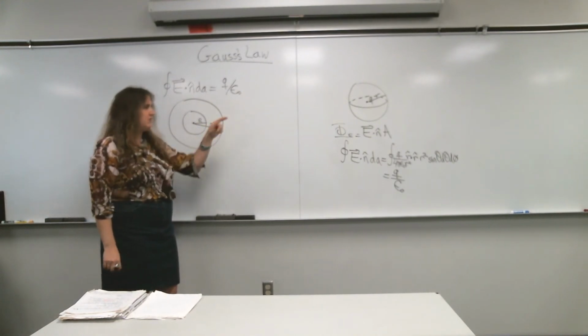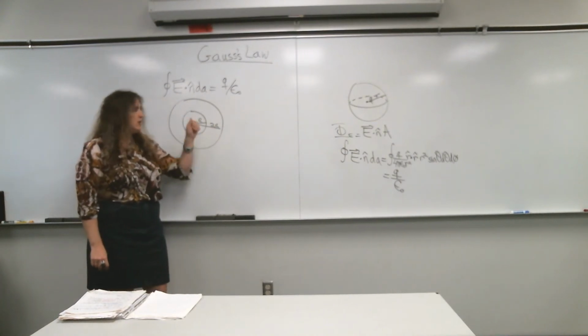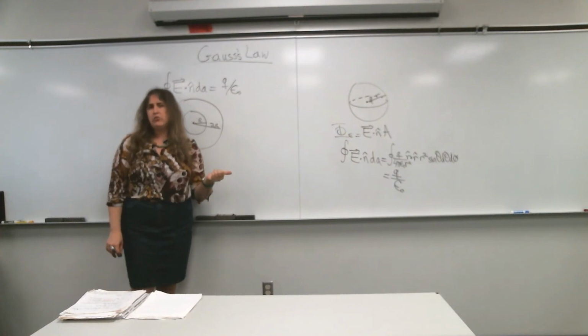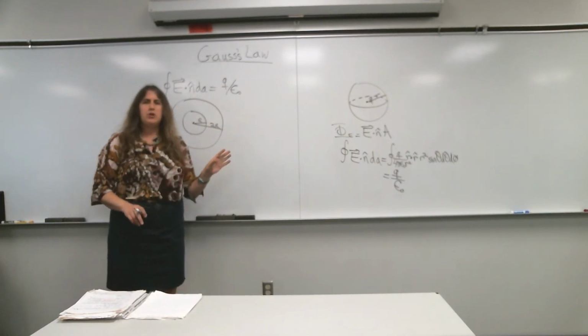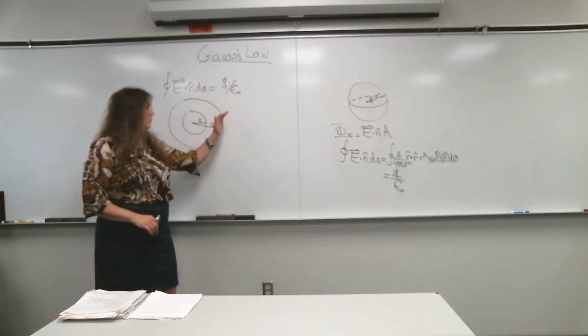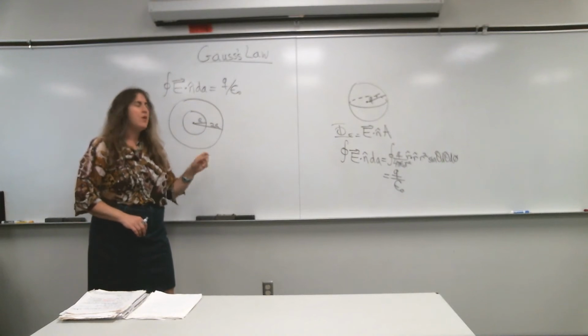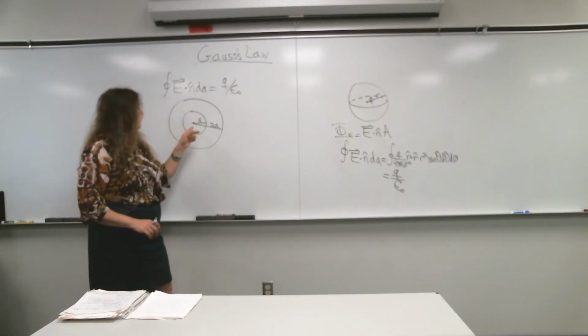Call it capital R to distinguish it from this example on the other side of the board here. And I've got another surface that has radius 2r. So at first glance, it might appear, well, we're integrating over a larger surface area, so the flux would have to be larger going through this outer one than the smaller one. But that would ignore the inverse square law nature of the electric field.